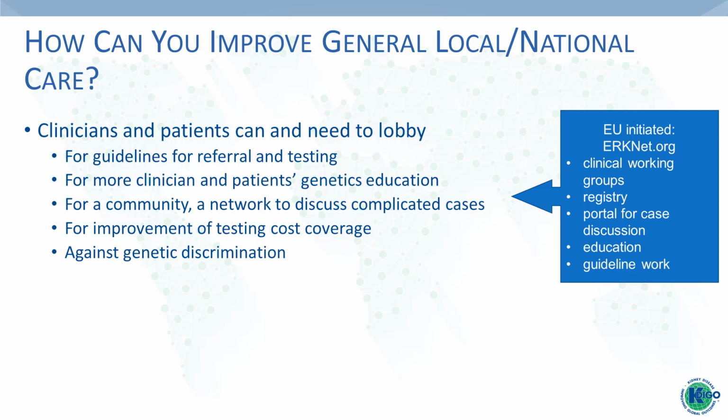Currently the Dutch Genetics Association is working on a document with regards to mainstreaming, which is the word used for genetic tests that are requested by other than clinical geneticists in the Netherlands.